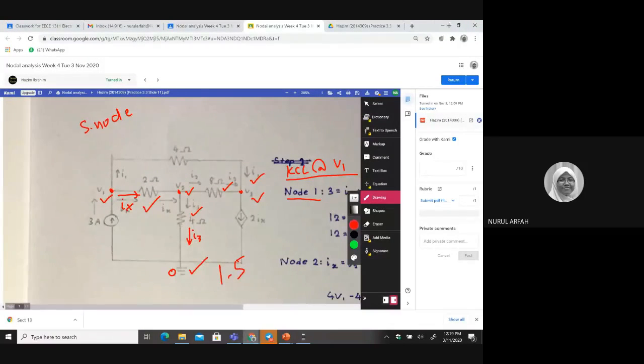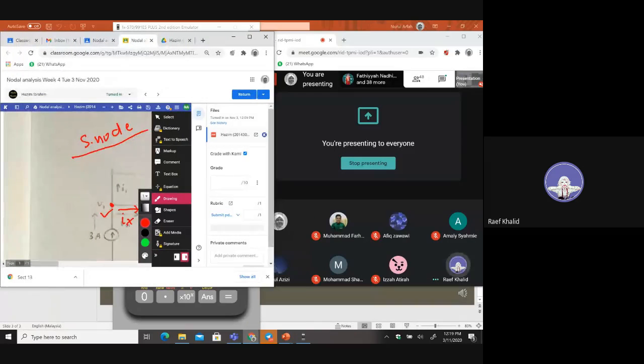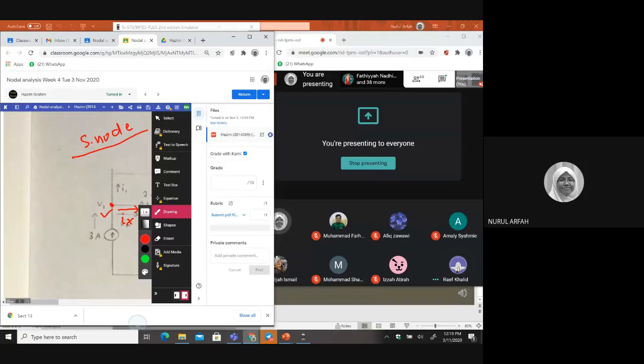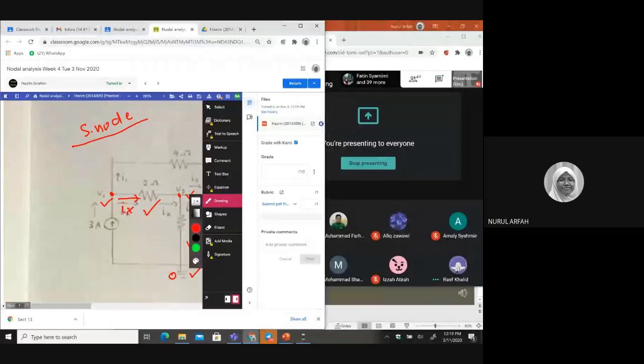KCL at V1, but before that, you need to figure out a supernode. Do you have any supernode here? How to figure out a supernode? An element in between two unknown nodes. What element? A voltage source, right? Either this voltage source is an independent or dependent source.